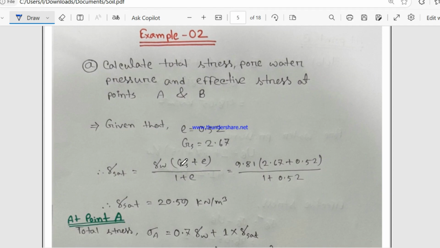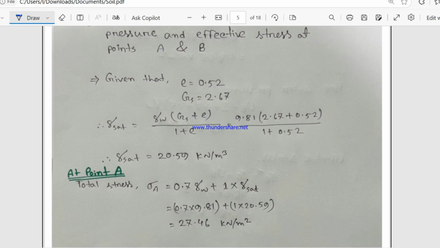Given that the void ratio is 0.52 and the specific gravity is 2.67, the formula for saturated unit weight is water unit weight times specific gravity plus void ratio, divided by 1 plus void ratio.